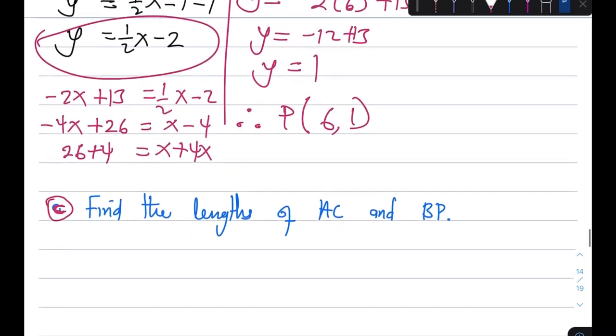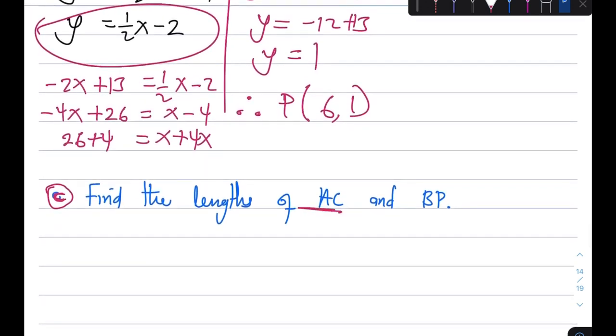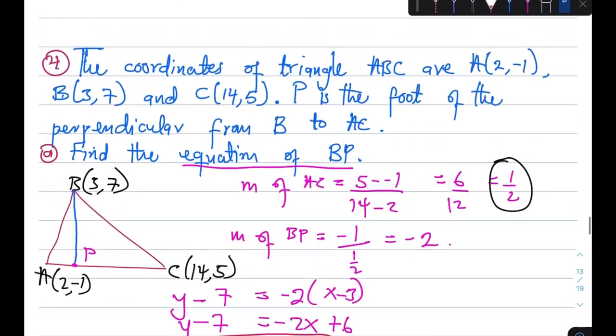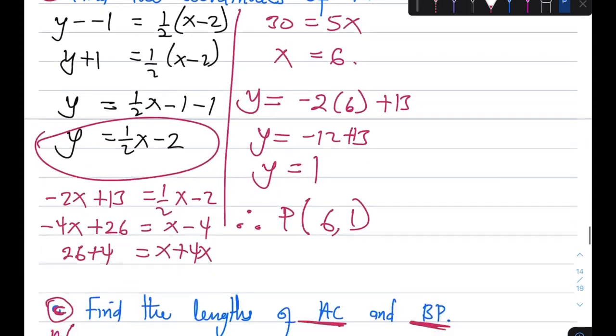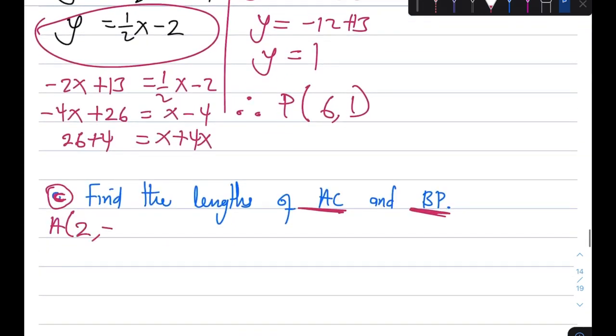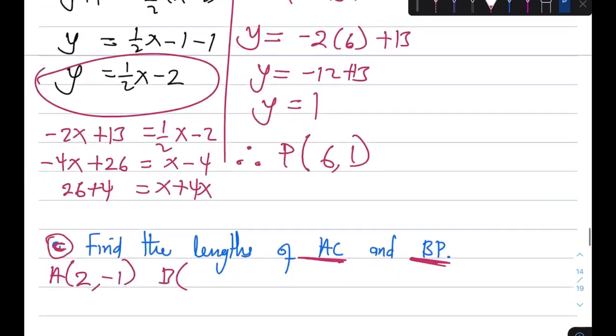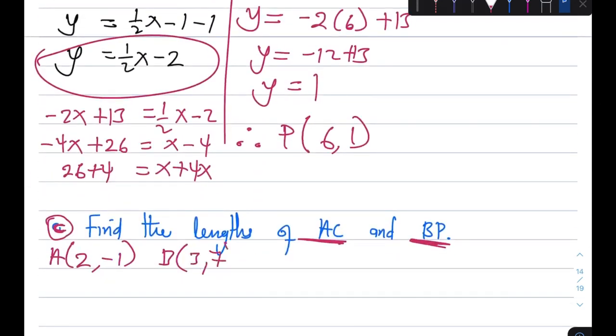Now they want us to find the lengths of the lines AC and BP. So let's get the coordinates down. Coordinate A is what? A is (2, -1). B, is it (3, 7)? Yes, it is, (3, 7).